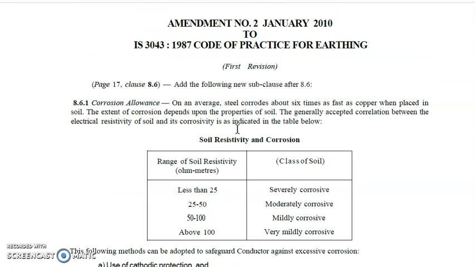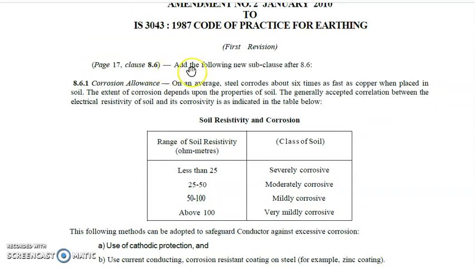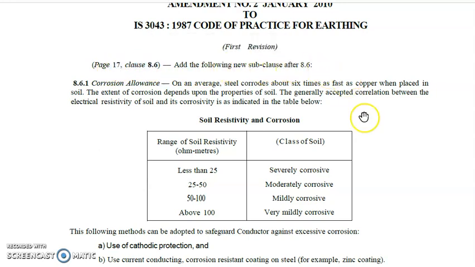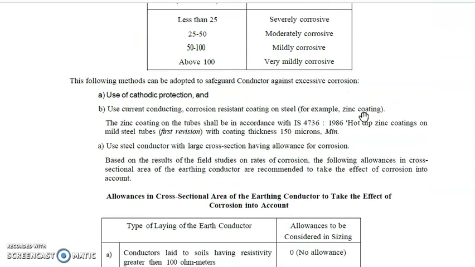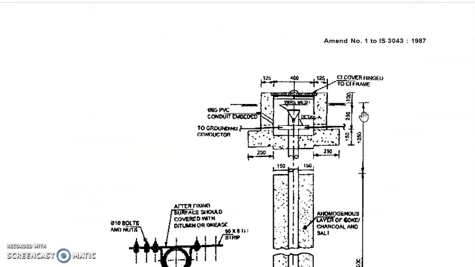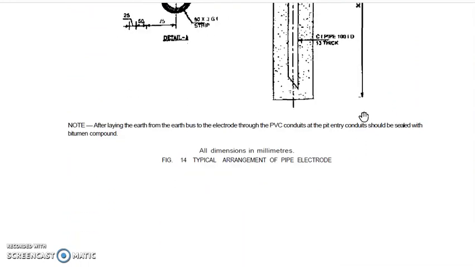Then this is another amendment in January 2010, which mentions what clauses have to be changed. That is on page 17, where a sub clause has to be introduced, and that is mentioned on the initial pages. It will have the various diagrams which have been inserted into that particular subclause.